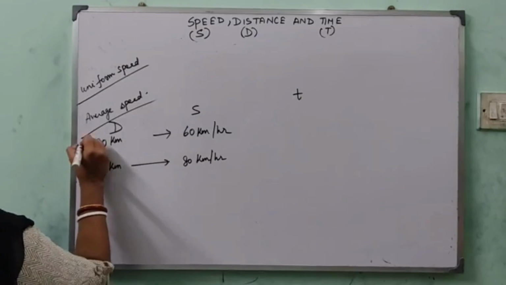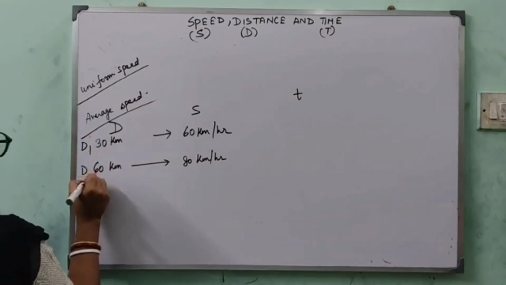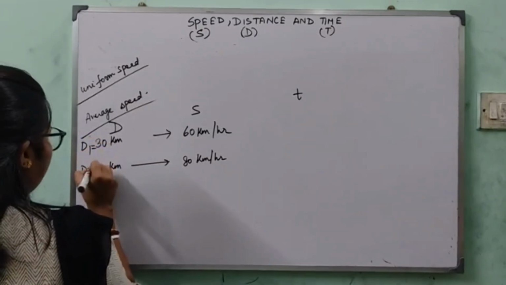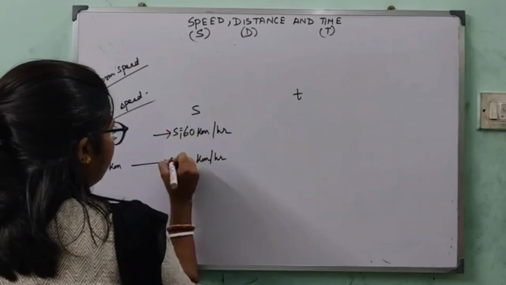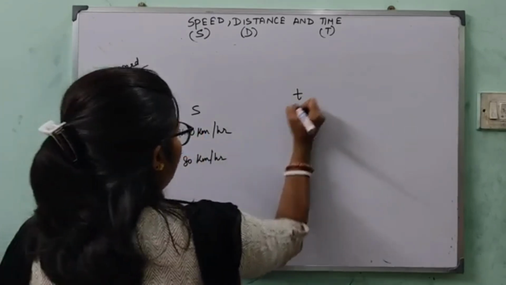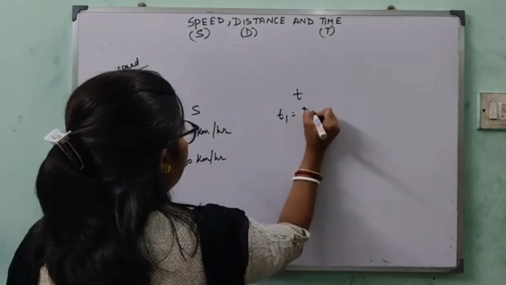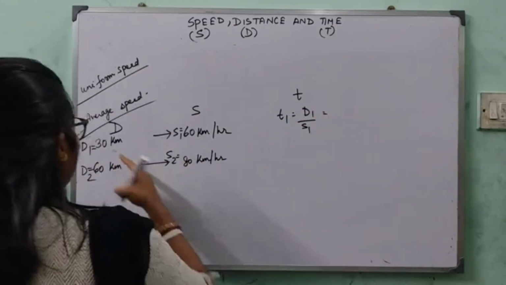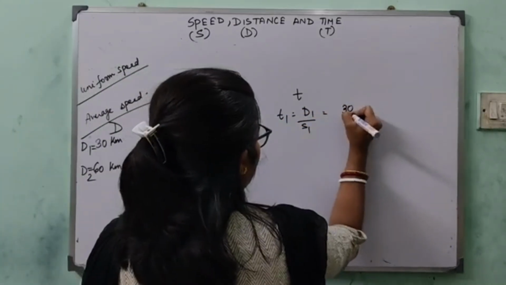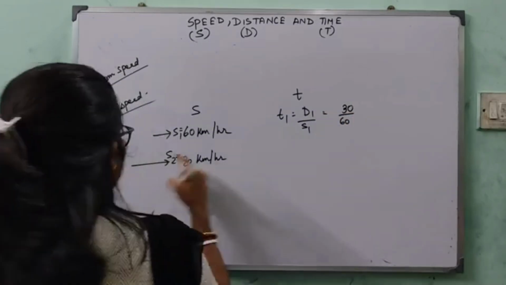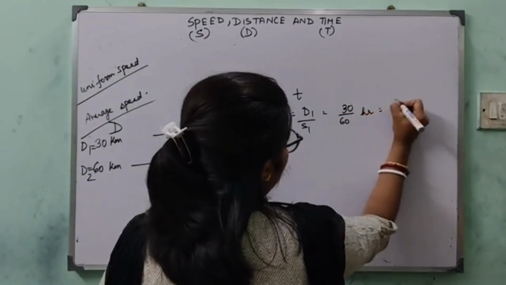Okay, so this is your D1, this is your D2, this is your S1, this is your S2. So your T1 will be D1 by S1. So D1 is 30 by 60 hours, that is equal to half.